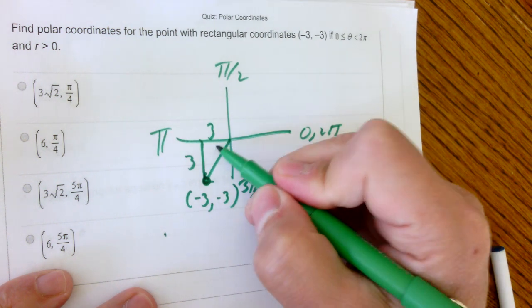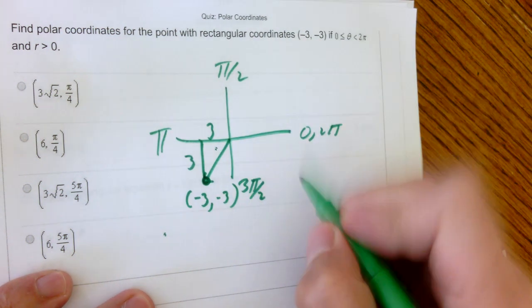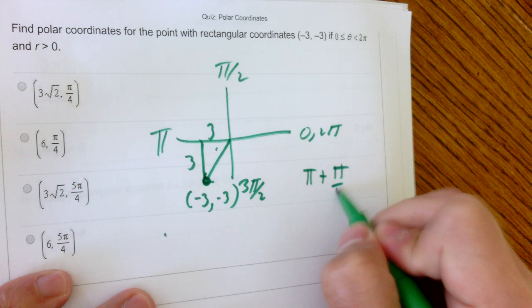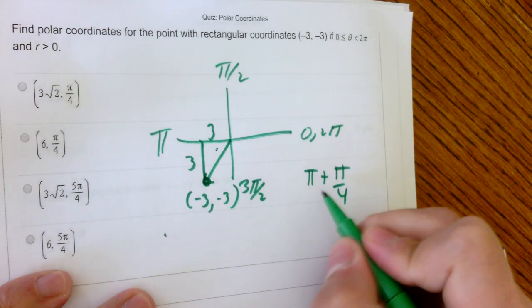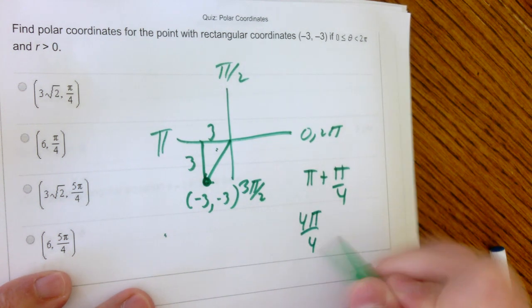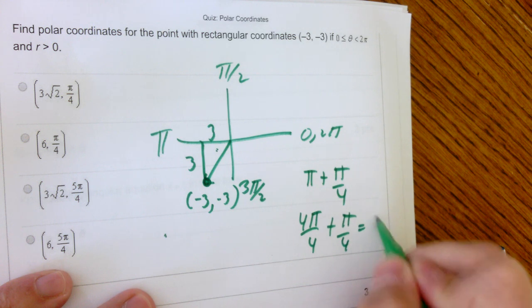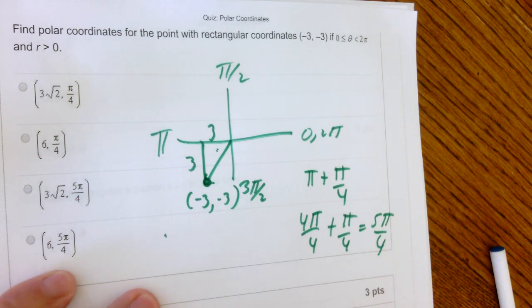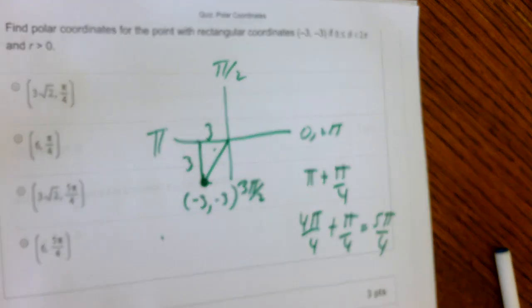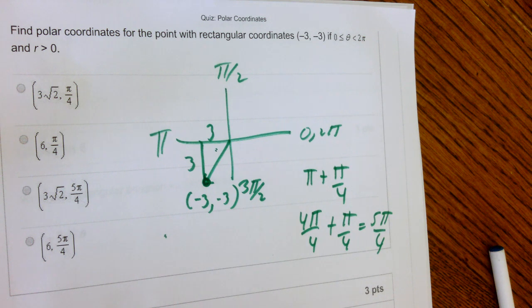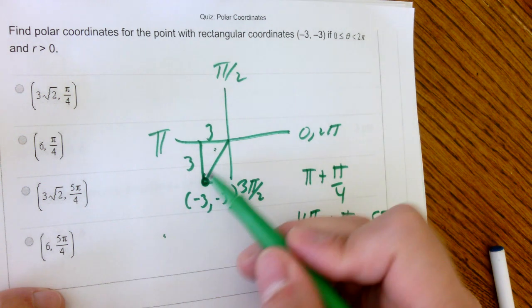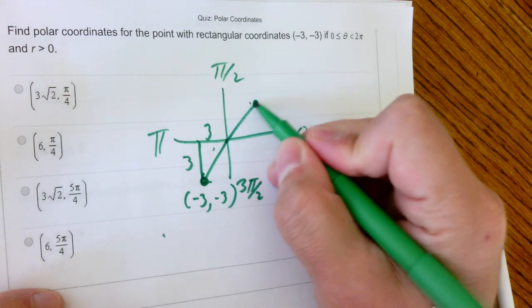So it's going to be 45 degrees, pi over 4 more than pi, which is going to be, if we convert it, get a common denominator, I'll show you that, is the angle. So this is going to be the positive one. This one will be the negative one.